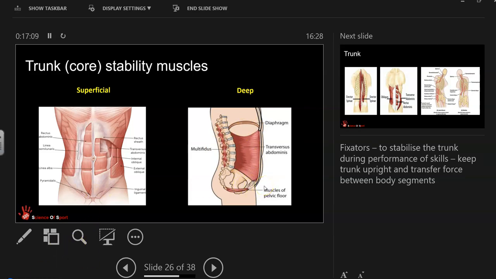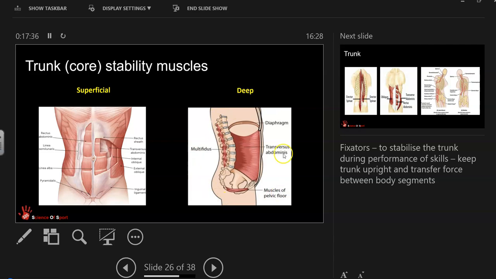Also, we want strong core muscles because a lot of our sporting actions transfer force from our legs. If you think about shot put or rowing, we generate the power from our legs that is transmitted through our core to other limbs. In shot put, we generate the force from our legs, we rotate, and eventually the force goes through our arm and through the putt itself.